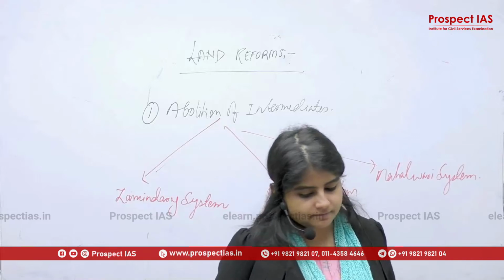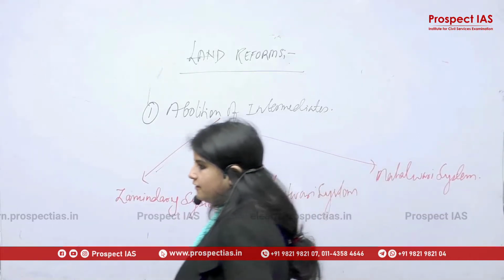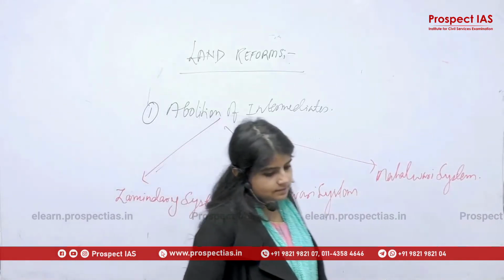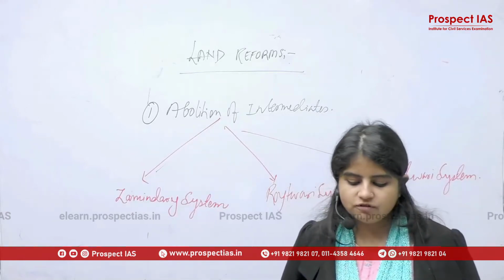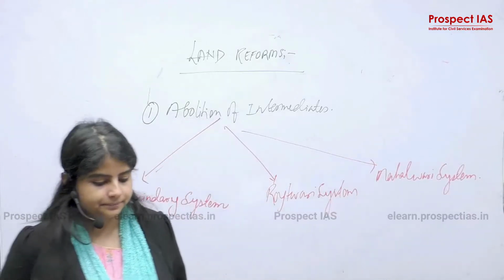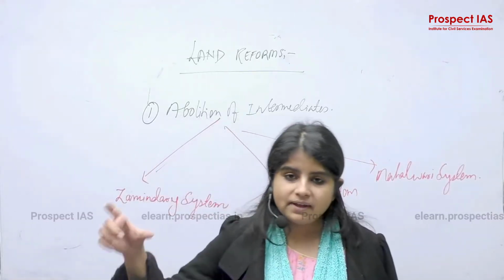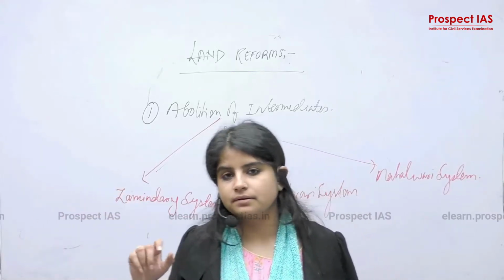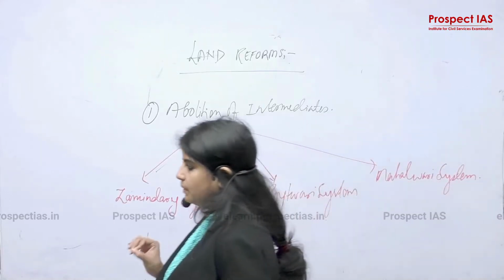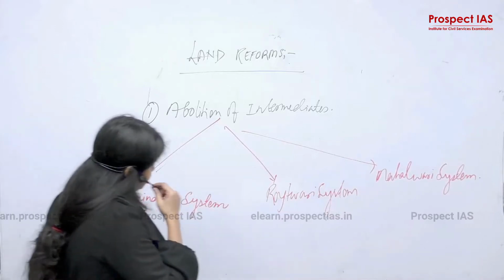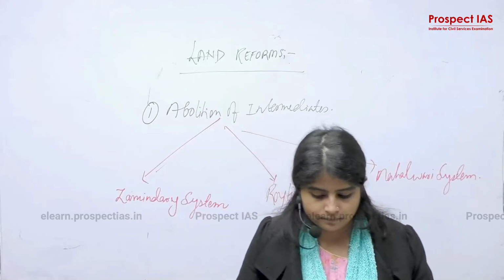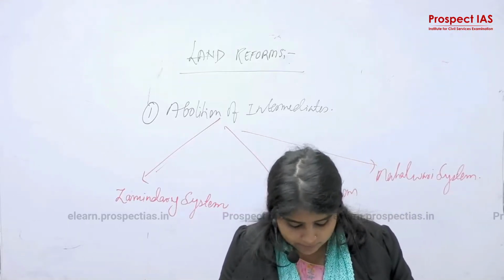The zamindari or permanent system has records of existence in times of the Mughal Empire, when the big zamindars were allotted the work to take the revenue from the farmers.